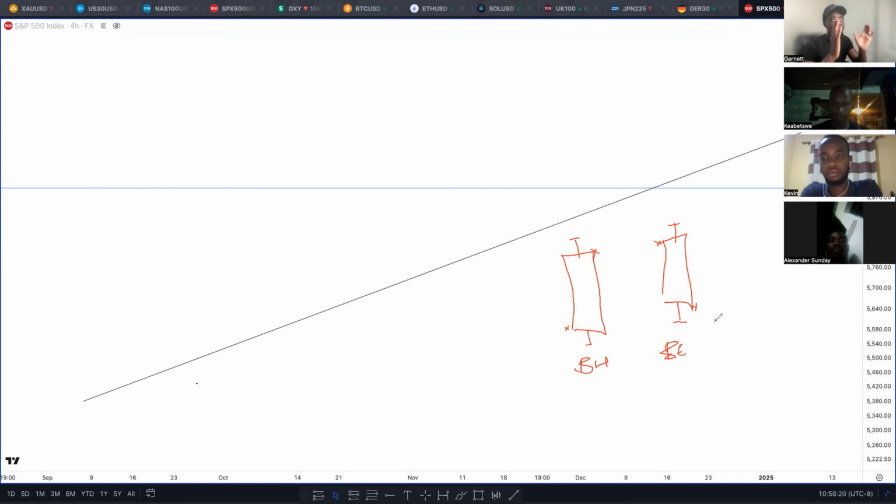Now, at the back of your mind, the banks and these institutions, when they're moving prices, they're not even looking at candlesticks. What they're paying attention to is this thing here, the tick, the price value. So it's 6,000, it's 6,500, it's 6,200.